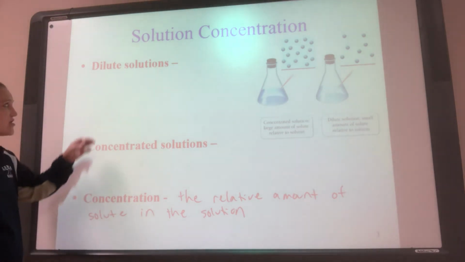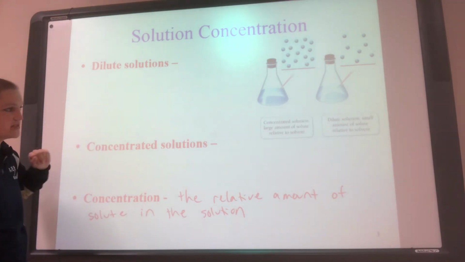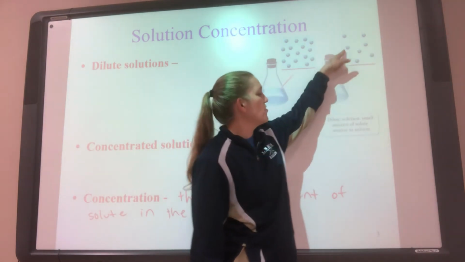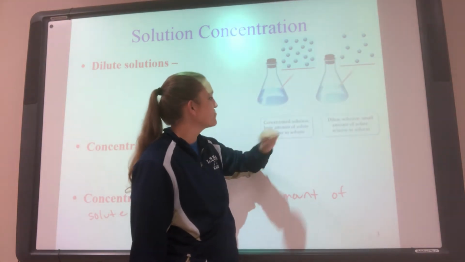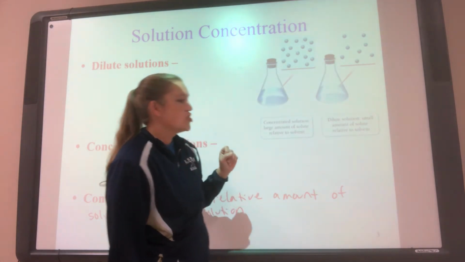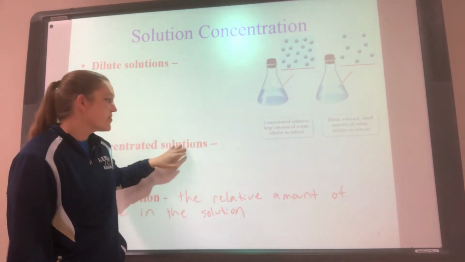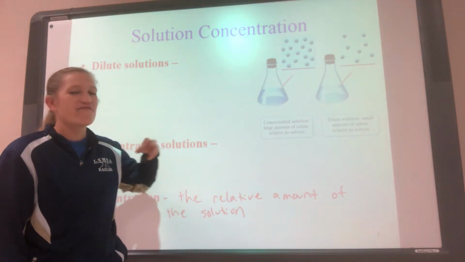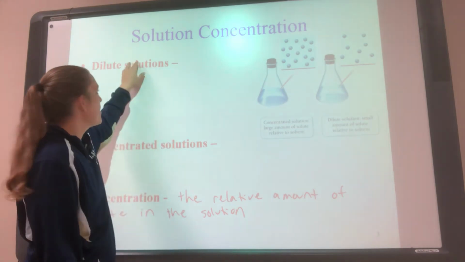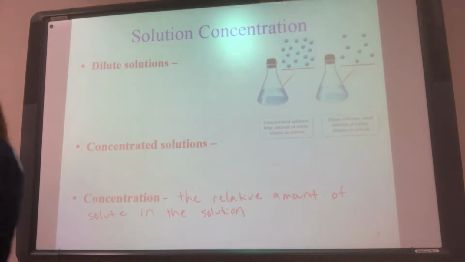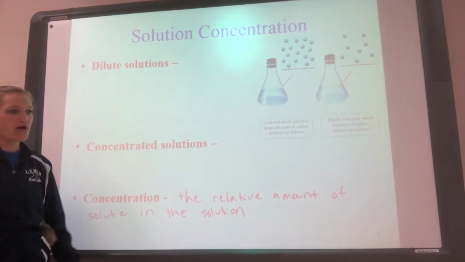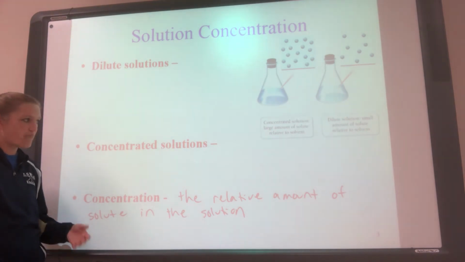In this case, we could talk about dilute solutions and concentrated solutions. Dilute solutions have a small amount of solute in the solvent. Concentrated solutions have a lot of solute in the solvent. If I have really, really salty water, that would be a concentrated solution. If I had kind of salty water, maybe brackish water, if you're familiar with that term, that would be a dilute solution. You can think about really strong Kool-Aid, or Kool-Aid that is pretty much water with a hint of whatever flavor you put in, grape or cherry or fruit punch.